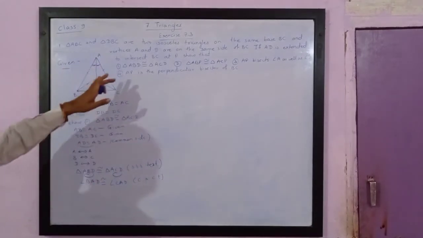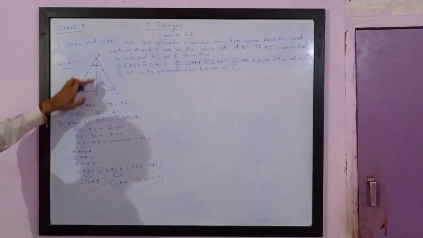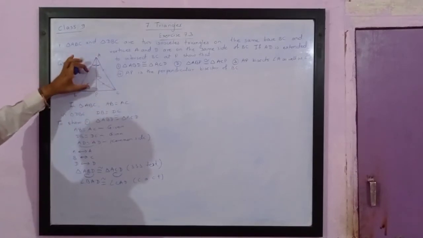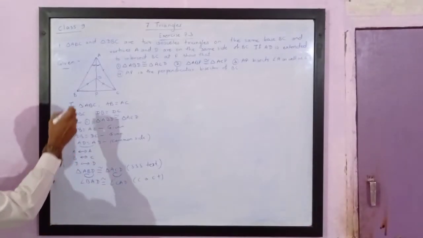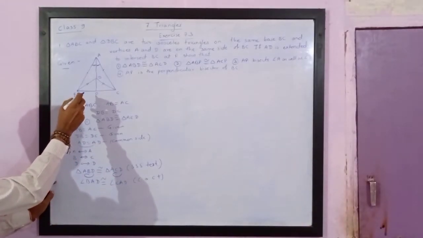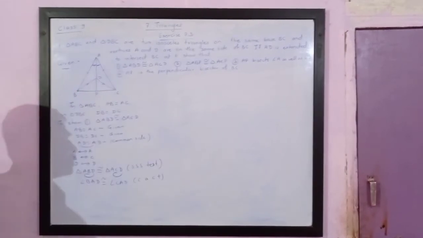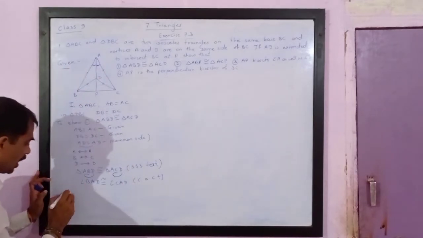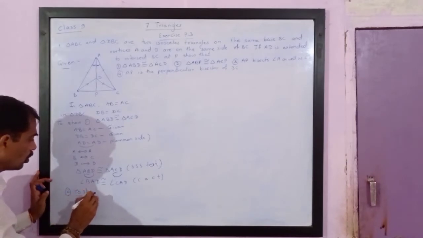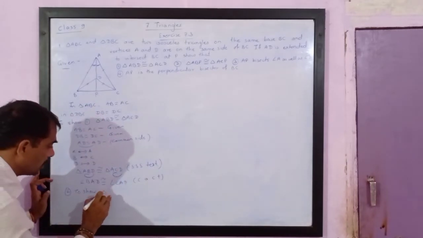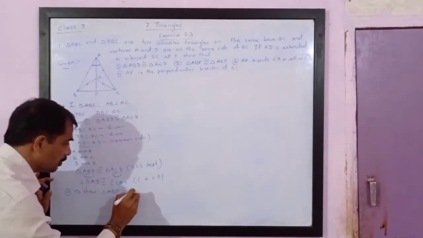Now see, second part that we have to prove is triangle ABP is congruent to triangle ACP. ABP is this triangle and ACP is this total triangle. For that, second part, we have to show triangle ABP congruent to triangle ACP.